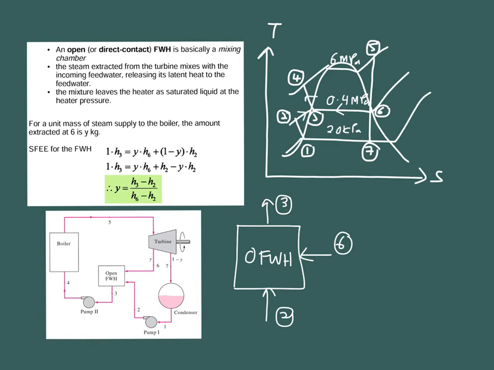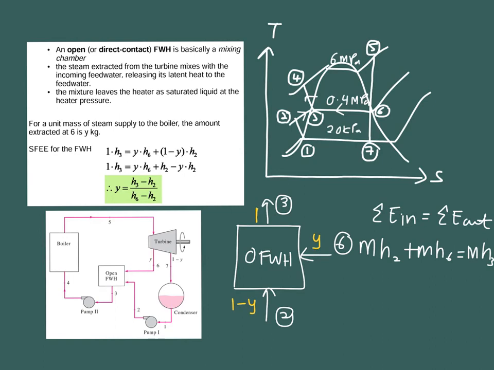Okay, so let's do the energy balance equation inside your feed water heater. Let's say we're only considering the mass, so it's going to be m2 plus m6 is equal to m3, right? Because this outlet is equal to this inlet, let's say the total at this outlet is 1, therefore 1 minus y, and this one is y.